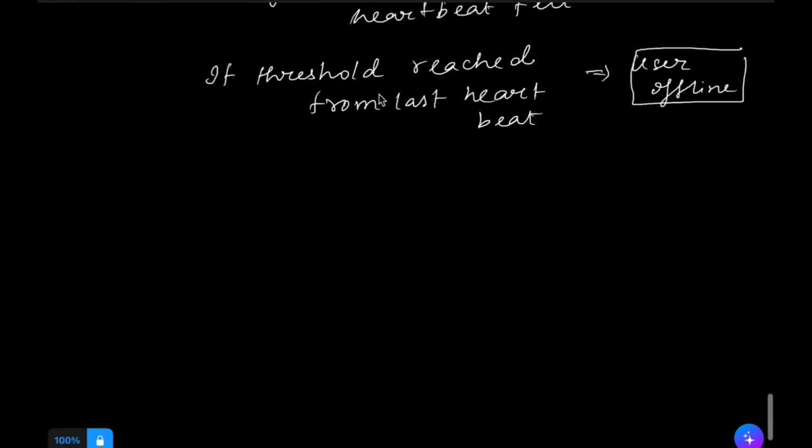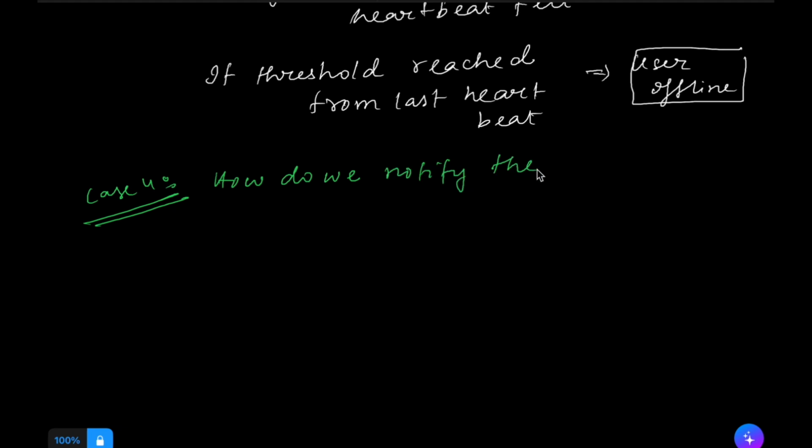And the last step of this method is how do we notify the status change, that is online or offline, to the user's friends.